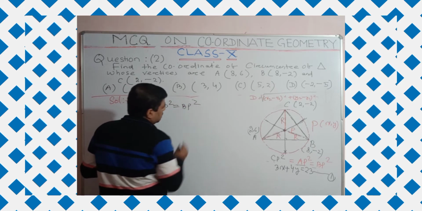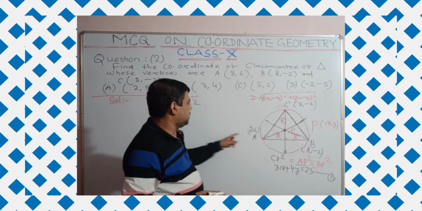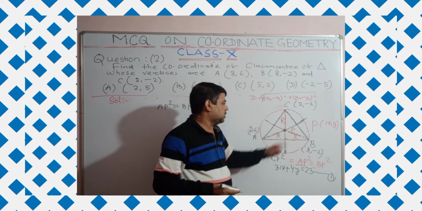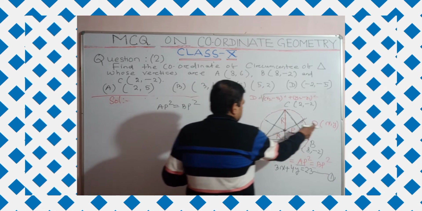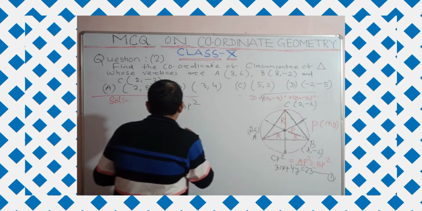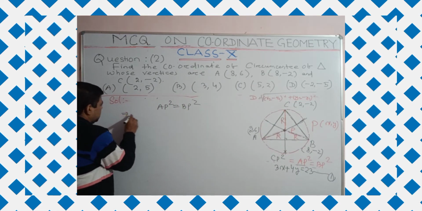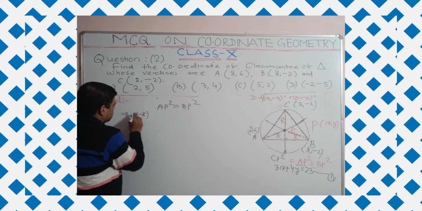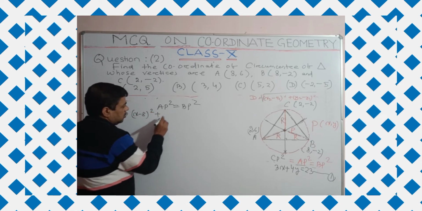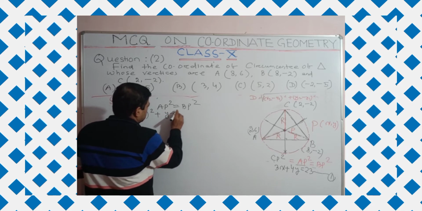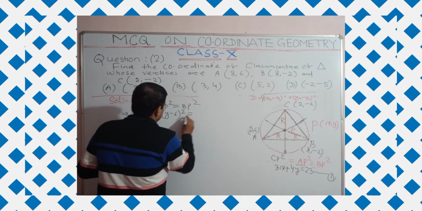Using the distance formula, here AP square means what? Here x1, y1, x2, y2. That implies x minus 8 whole square plus y minus 6 whole square.